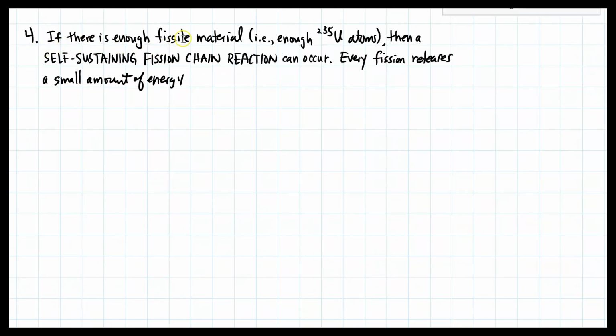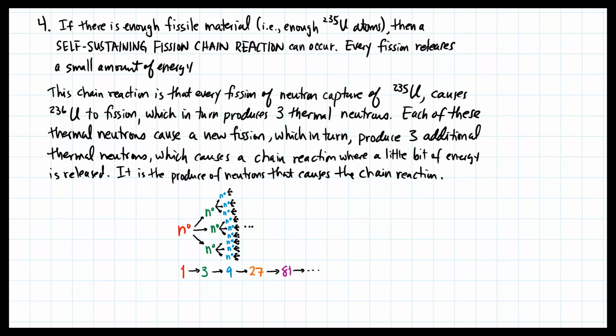4. If there is enough fissile material, that is enough of highly enriched uranium-235 atoms, then a self-sustaining fission chain reaction can occur. Every fission reaction releases a small amount of energy. Let's try to explain this chain reaction in detail. Every fission caused by neutron capture by 235, which causes 236 to undergo fission, in turn produces 3 thermal neutrons.